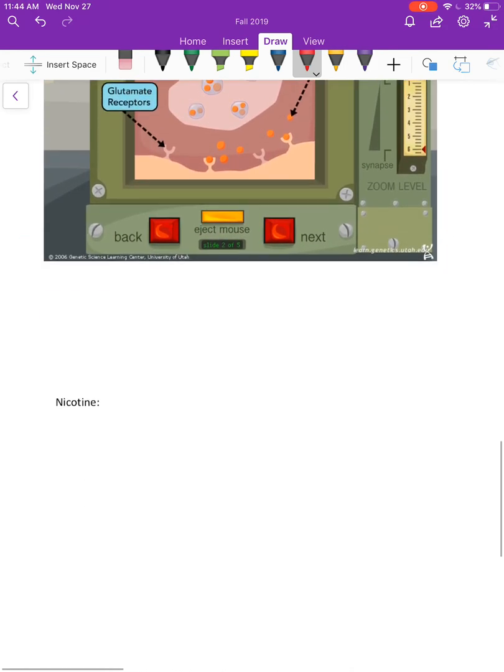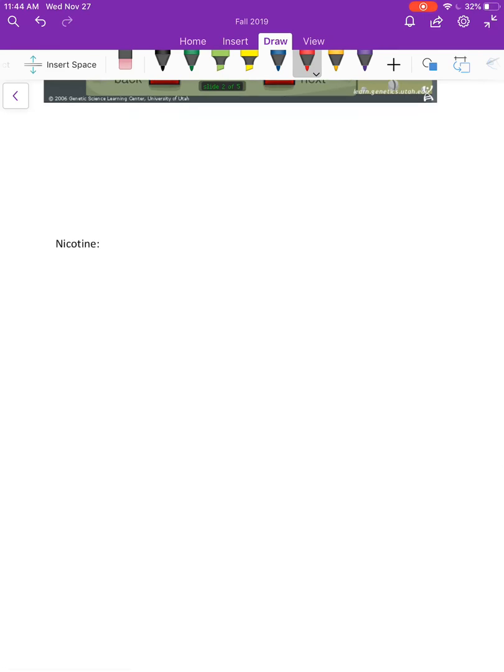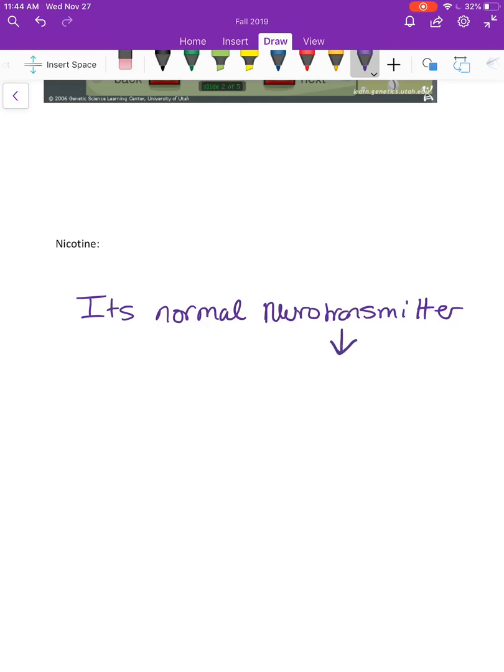Okay, last example. So nicotine, I couldn't find a pretty little picture for this one, but nicotine, it's a normal neurotransmitter in your body, and it is an excitatory neurotransmitter.